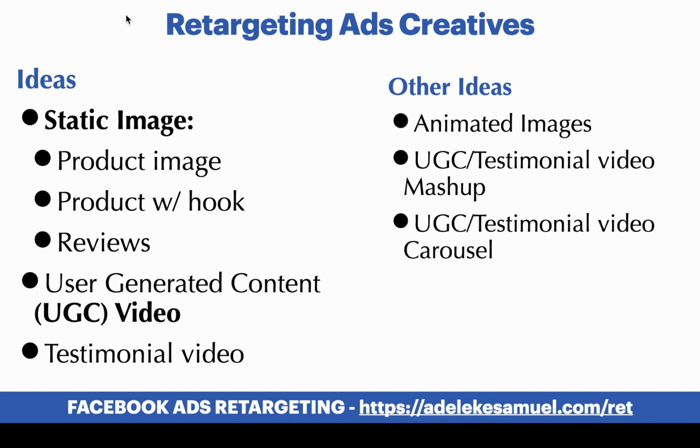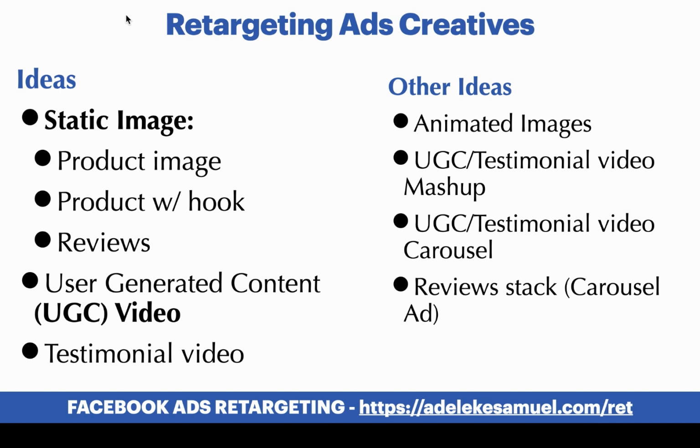You can also use the UGC testimonial video as carousels. It can be videos, or the reviews that you designed, so you can use them as a carousel ad. You just have one, so people can swipe and see or watch all of the reviews. So these are different ideas.